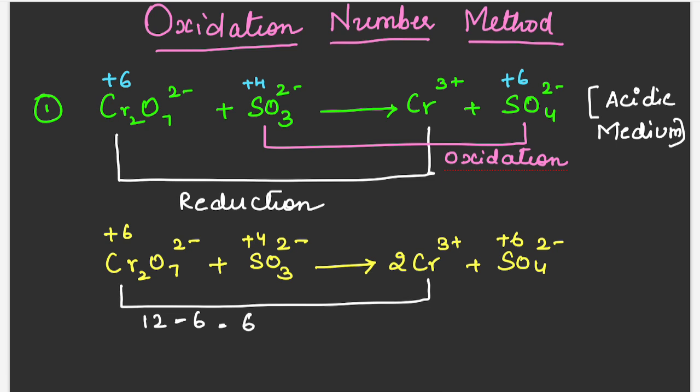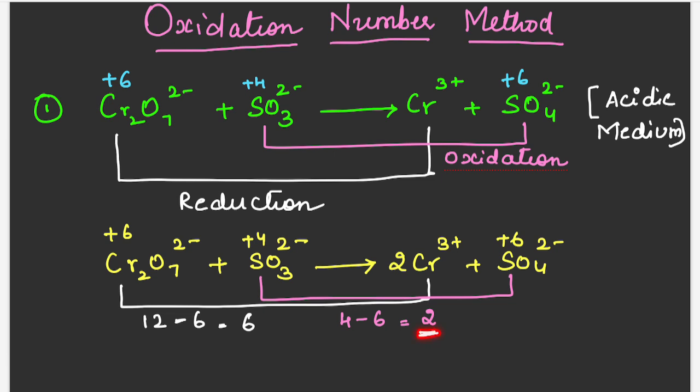Same way, compare sulfur with that of sulfur. So now see the charge. On the sulfur you have 4. On this sulfur you have 6. So subtract it. So 4 minus 6, how much will you be getting? You will be getting 2. So don't take the sign. 4 minus 6 is minus 2, but you should not take the sign.